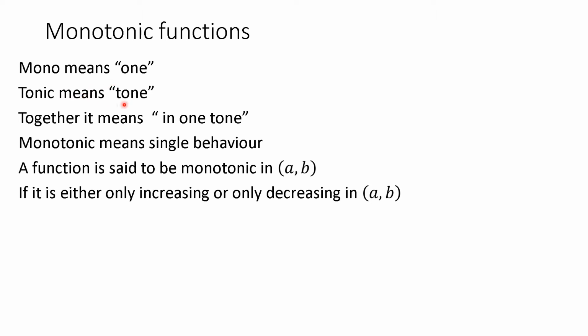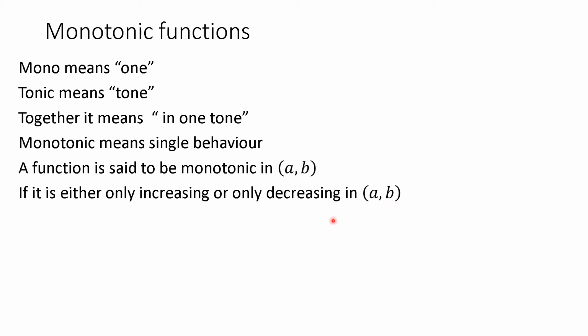Tonic means tone. Together it means in one tone. Monotonic means single behavior. A function is said to be monotonic in the interval if it is either only increasing or only decreasing in the given interval.